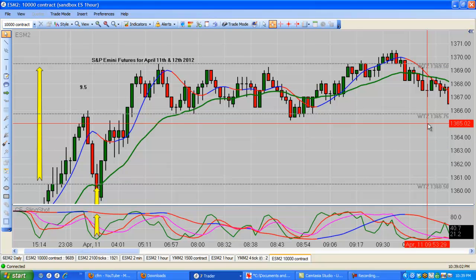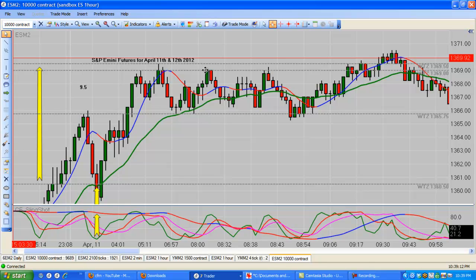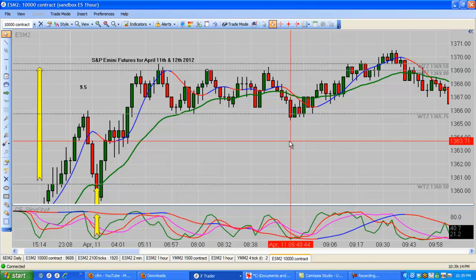That price, 65.75, and this time price rallies up to 1369. So 1369 minus 1365.75 is 3 1/4 points.